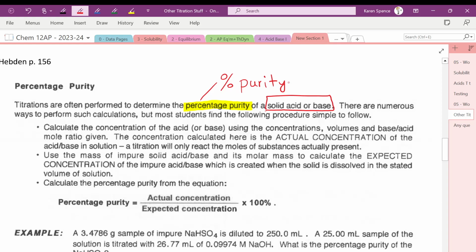Calculate the concentration of the acid or base using the concentrations, volumes, and base acid mole ratio given. Well, what is it saying? It's saying do the stoichiometry calculations that you would do for any titration calculation.